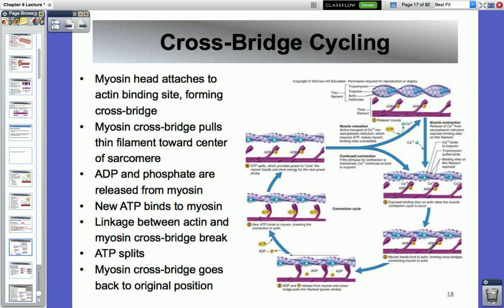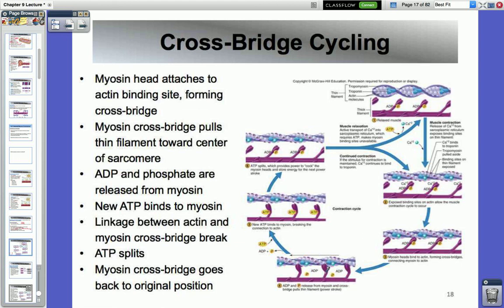And since it's bound to actin, the next step for myosin is to let go of ADP and phosphate. So remember I said it has to be bound to something. It really wants to be bound to actin. So once it's bound to actin, it lets go of ADP and phosphate.